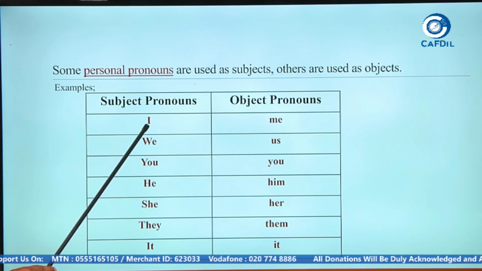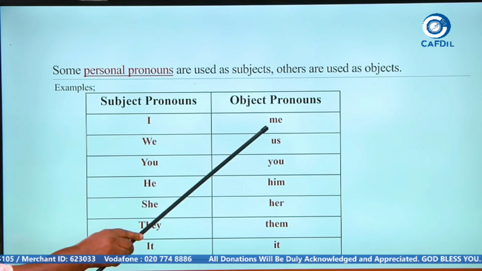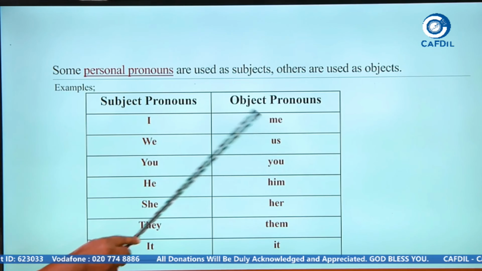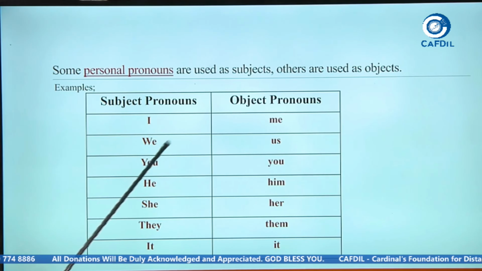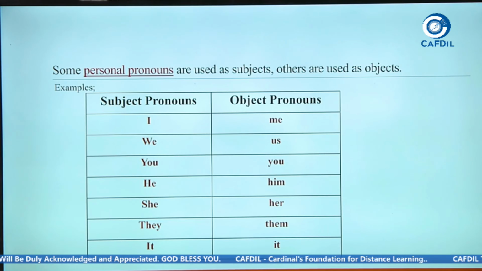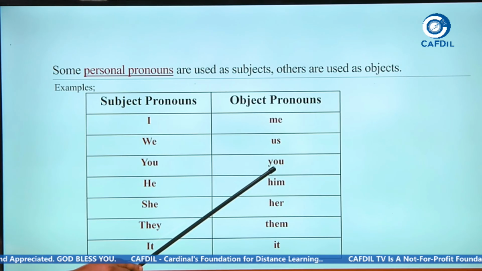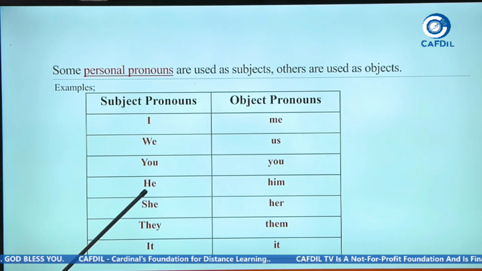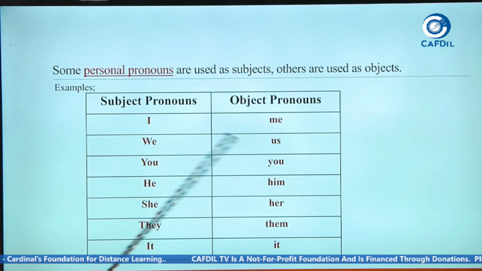So I, in object pronoun, will change to be me. We, subject pronoun, will change to object pronoun to be us. You will change to be you. He will change to be him under object pronoun.